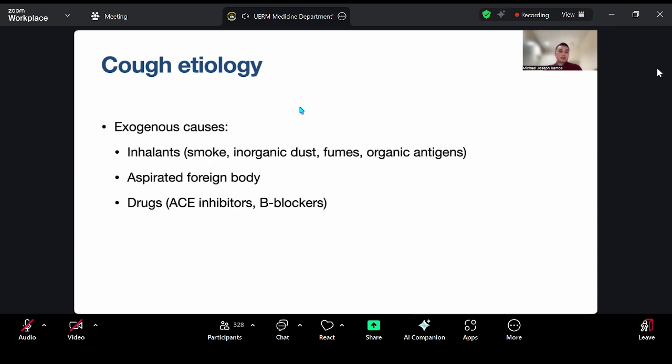Cough has multiple etiologies, and there are some examples seen here labeled as exogenous, including inhalation of toxic substances or aspiration of a foreign body. Drugs can also cause cough, typically ACE inhibitors, usually used for hypertension.